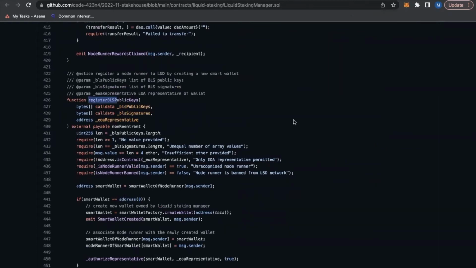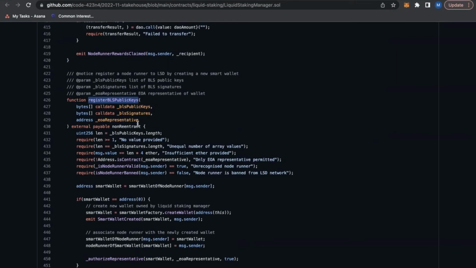So coming back to the journey, how does the journey even start? The journey starts with a single BLS public key, and the BLS public key being introduced to a liquid staking network. Here's the function, register BLS public keys. This allows any node operator to register as many BLS public keys as he wants to this liquid staking manager.